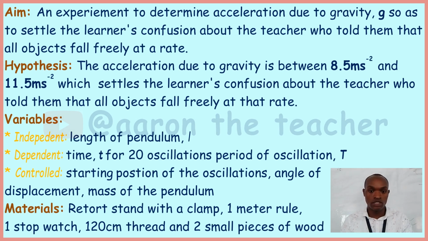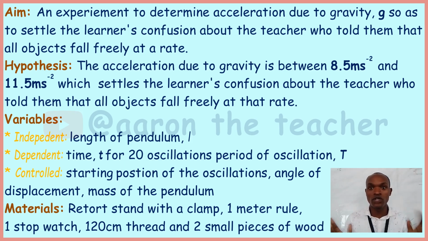We are going to begin by getting the aim, then the hypothesis, until we move on with our practical. So if we go to the aim, what aim are you going to write? Our aim will be to carry out an experiment to determine the acceleration due to gravity, g, so as to settle the learners' confusion about the teacher who told them that all objects fall freely at a rate.